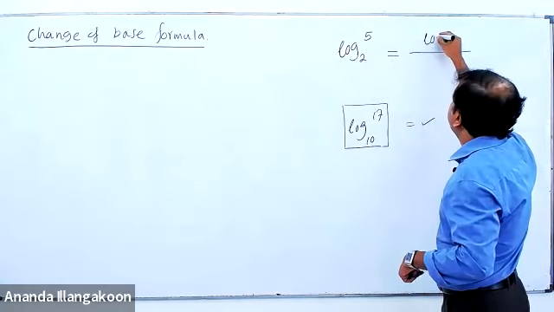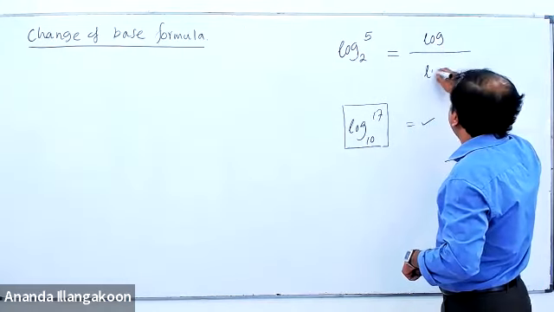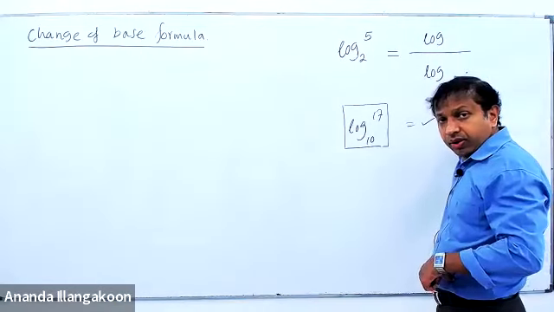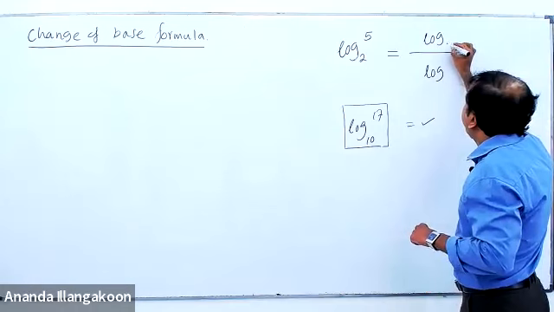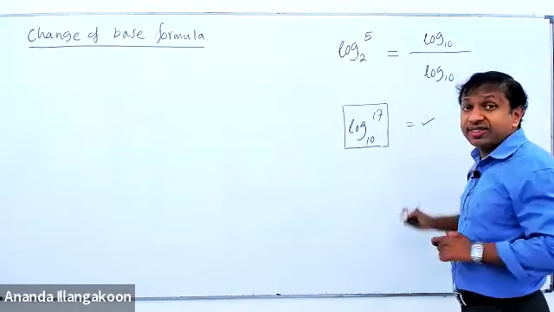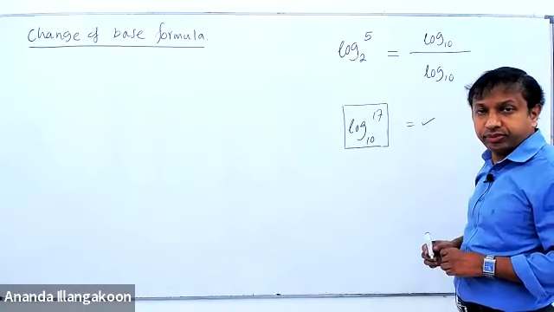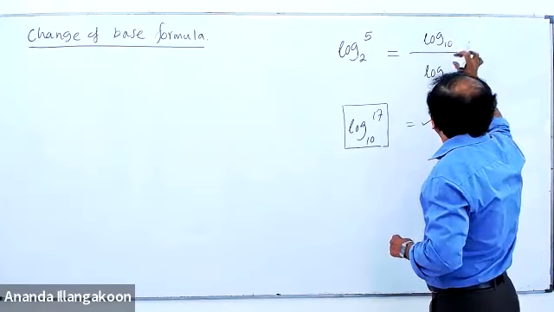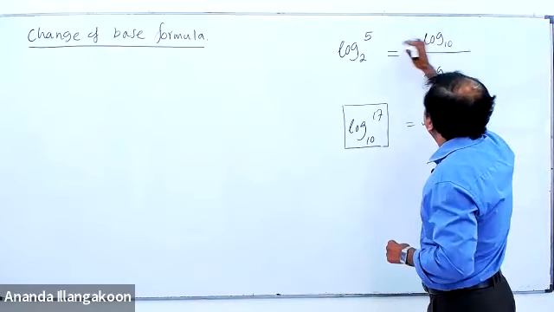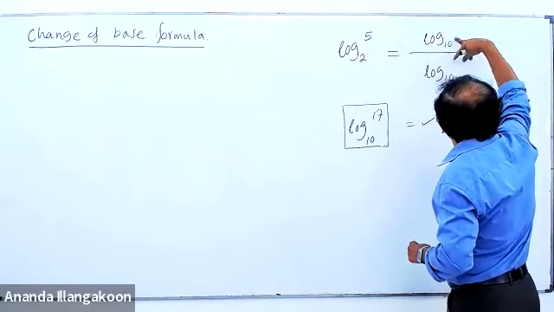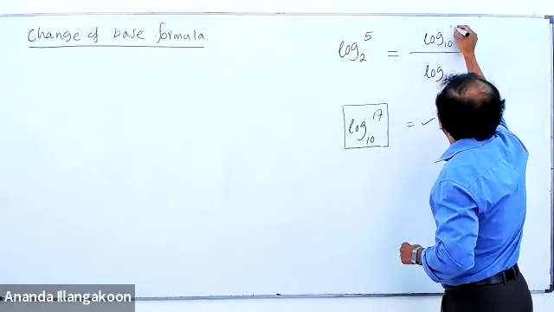Like this, we write log and log at the numerator and denominator, now subject to the base 10. Now the numerator number and denominator number, bring these two numbers from the left in the same order and keep them here. Here 5, here 2.